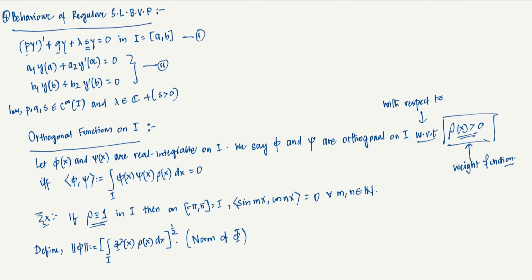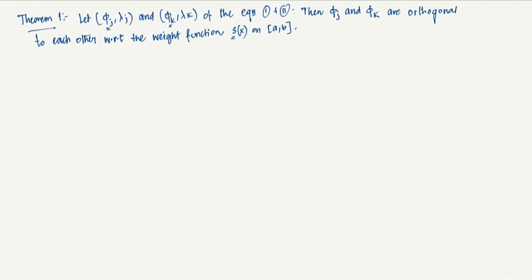So with that in mind, we need to prove this thing. What am I saying? You have two distinct eigenpairs. If that happens, then the eigenfunctions have to be orthogonal to each other. So how do you get it? Proof.